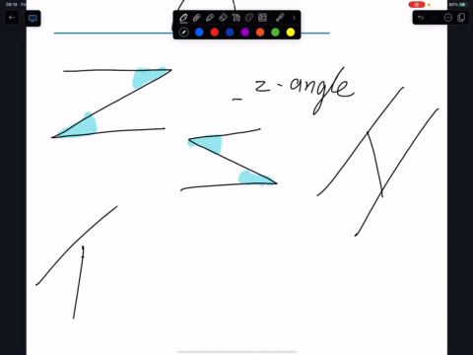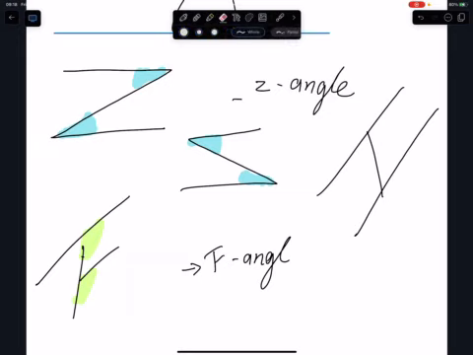Another one is called the F angle. What is the rule of the F angle state? The top half of this F is also the same angle as the bottom half of the F. Now, you can see an F in different ways.